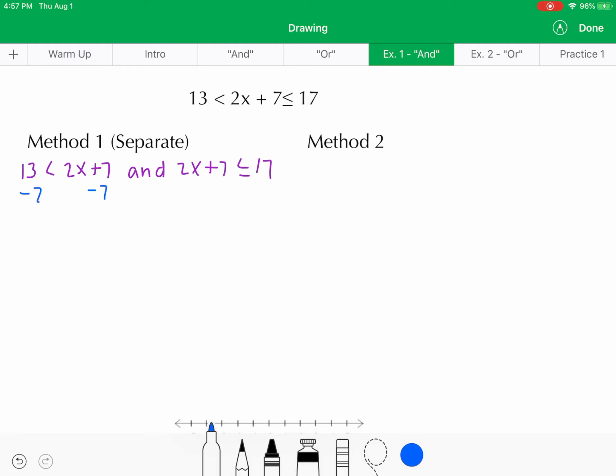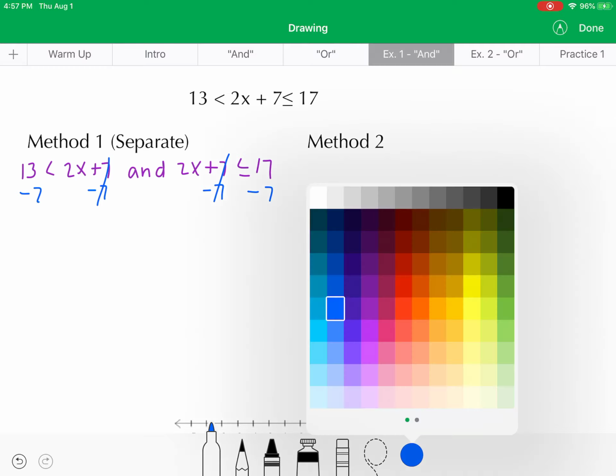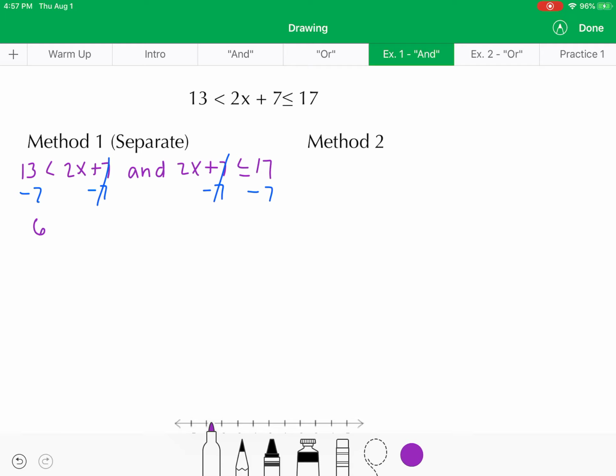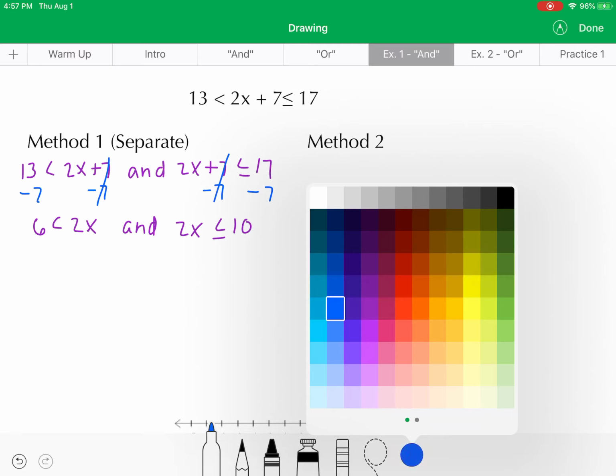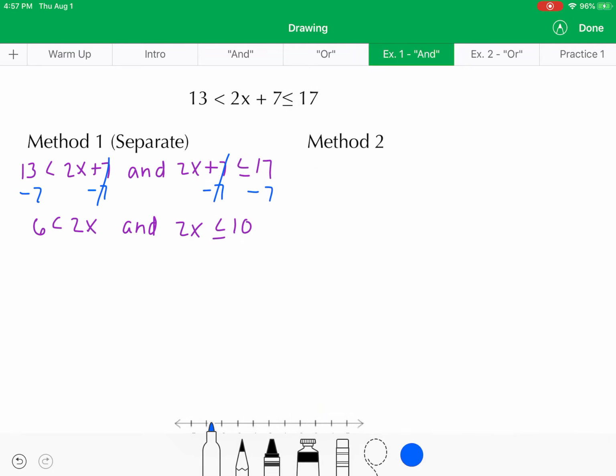All right, go ahead and solve each half separately. Let's subtract 7 from both sides. I do the same thing here. Six is less than 2x, and 2x is less than or equal to 10. Then I'm going to divide both sides by 2. Same thing here.